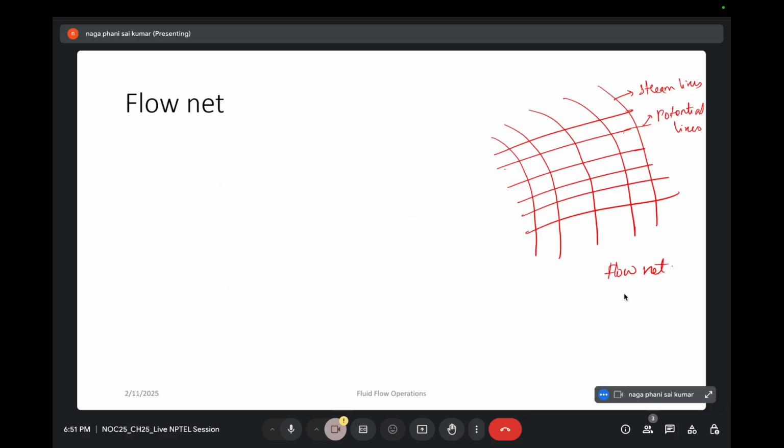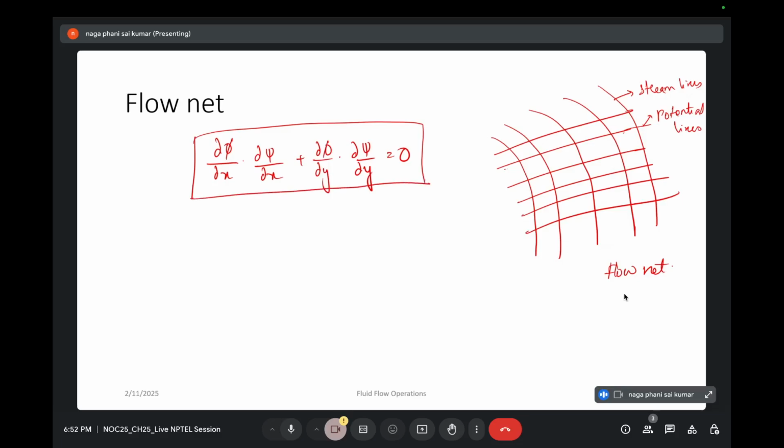Okay. So the streamlines and potential lines are orthogonal, as we discussed, right? In order to satisfy this condition, we have an equation: dou phi by dou x into dou psi by dou x plus dou phi by dou y into dou psi by dou y will be 0. This condition should be followed.